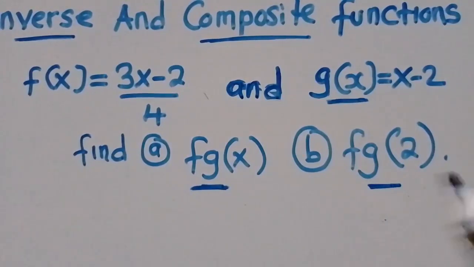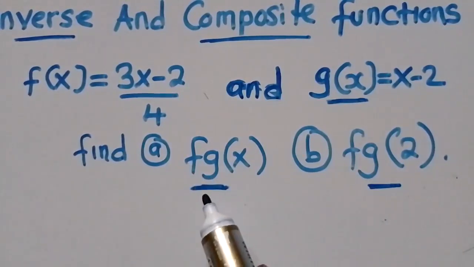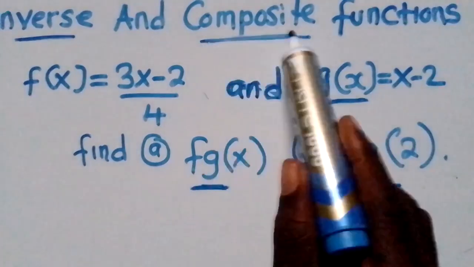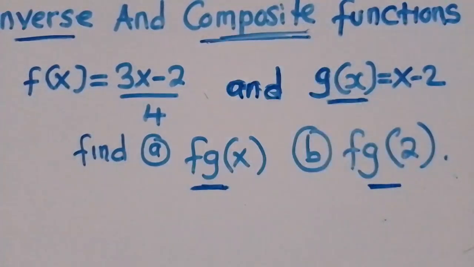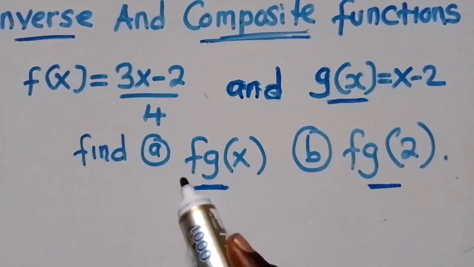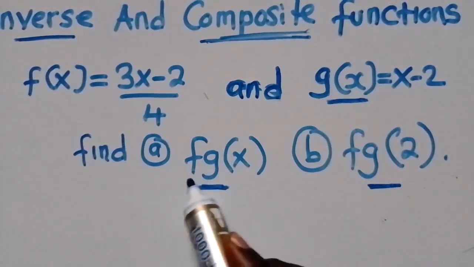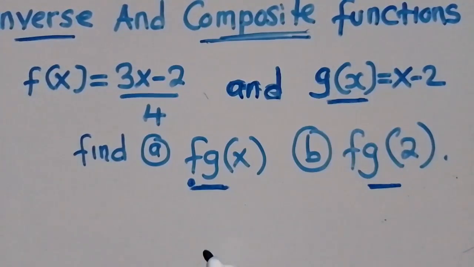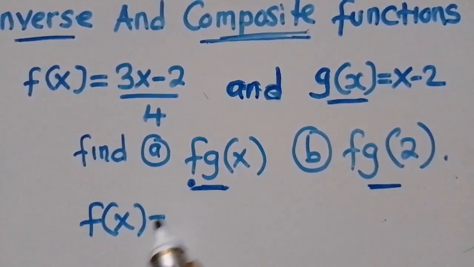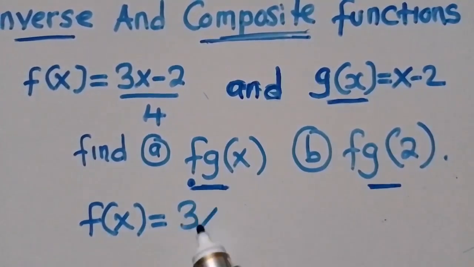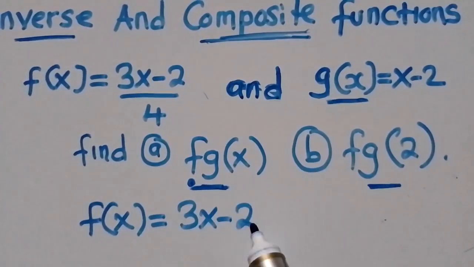How can you answer this? These are composite functions, so we are now starting composite functions. How do you go about this? For fg of x, start with what is given first. It is f. So you say f of x is equal to 3x minus 2 over 4.